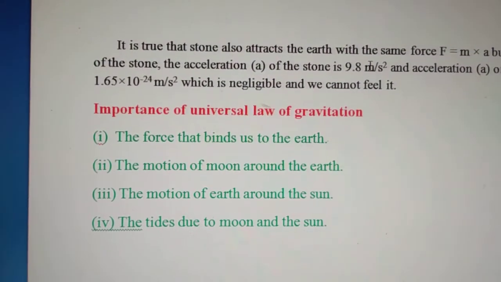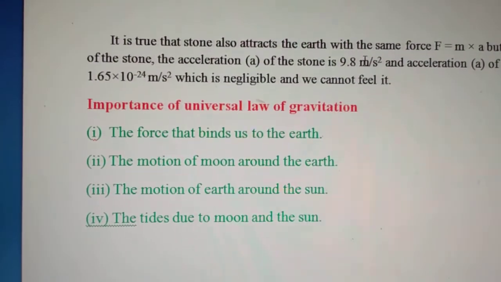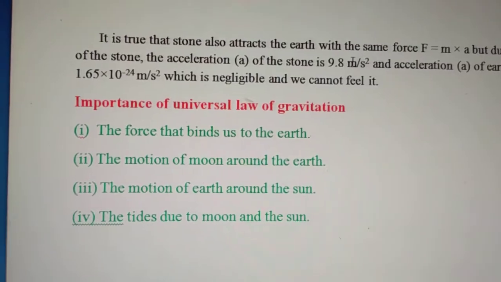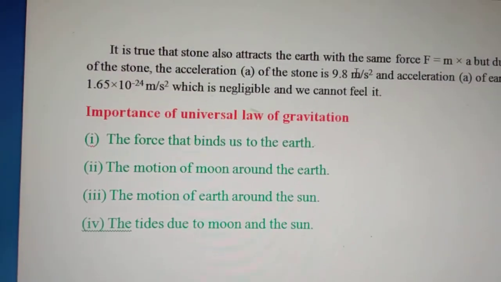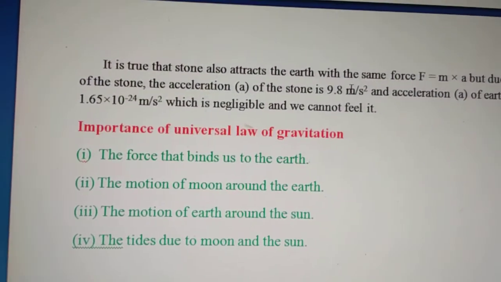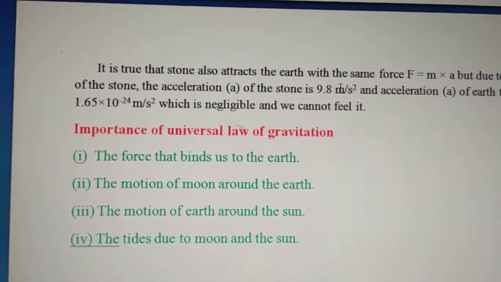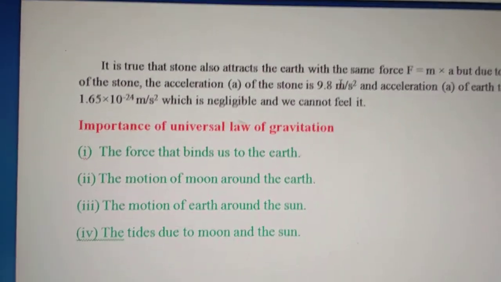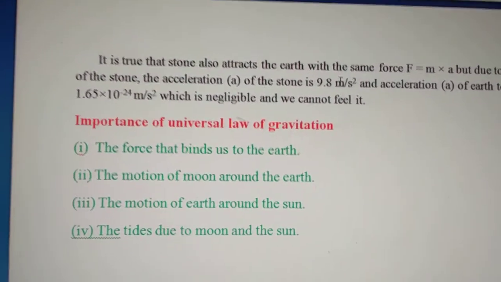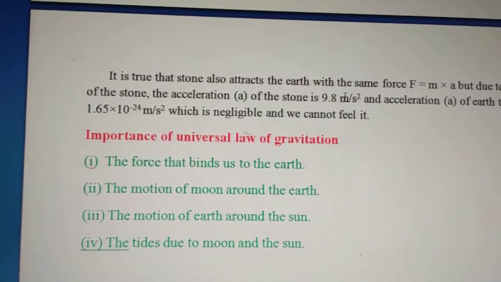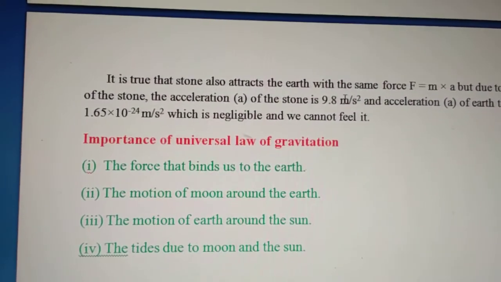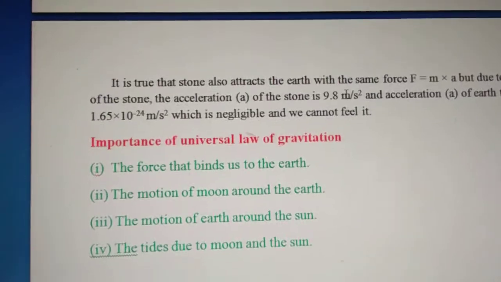The motion of the earth around the sun is also due to the universal law of gravitation, and the formation of tides is due to the moon's and the sun's attraction. These are the importance of the universal law of gravitation.